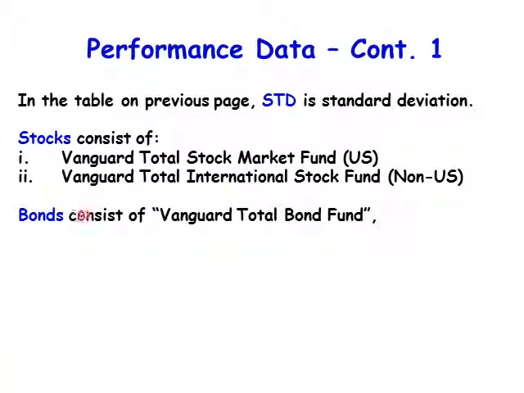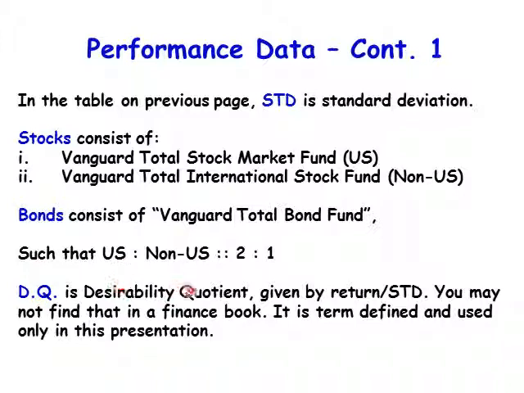And bonds consist of the Vanguard Total Bond Fund. The ratio of US funds to non-US is 2 to 1, so I have twice as much of the Total Stock Market Fund as I do of the Total International Stock Fund. Okay, let's continue.